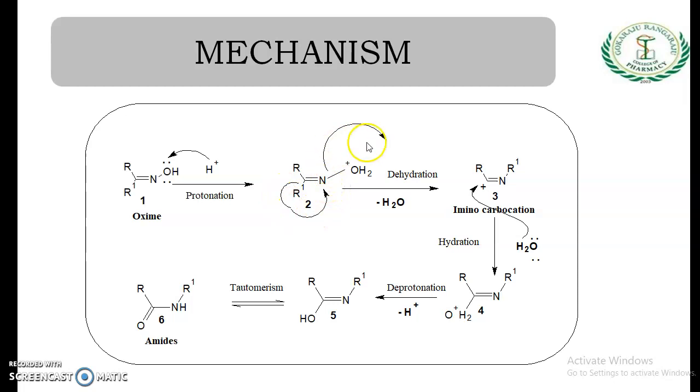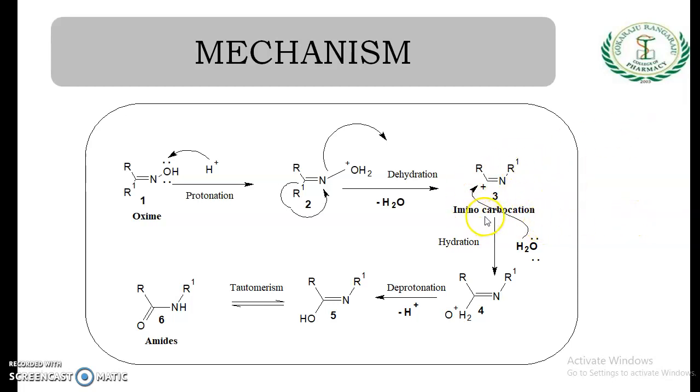So the leaving group departure, that is dehydration, and the rearrangement occur simultaneously in step 2 and result in formation of an iminocarbocation. Formation of the iminocarbocation is the rate limiting step. The faster the rate at which the iminocarbocation forms, it is the rate determining step.